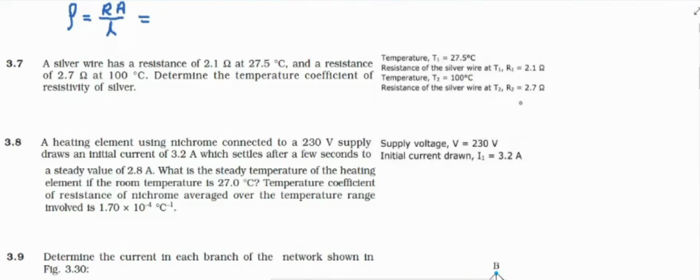R1 and R2 are also given. For the temperature coefficient of resistivity, you need to find alpha, which is equal to RT minus R naught divided by R naught into T minus T naught. All quantities are given there.